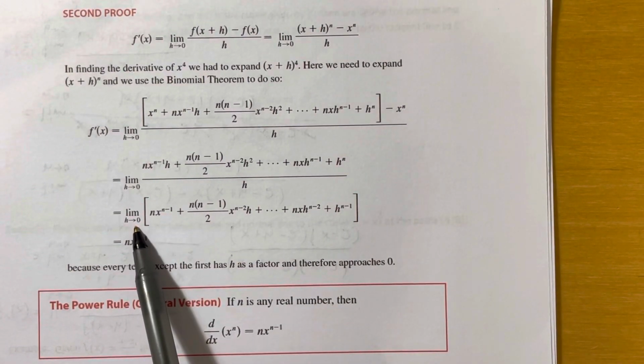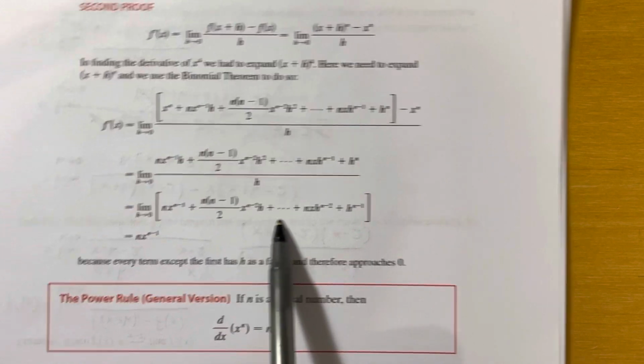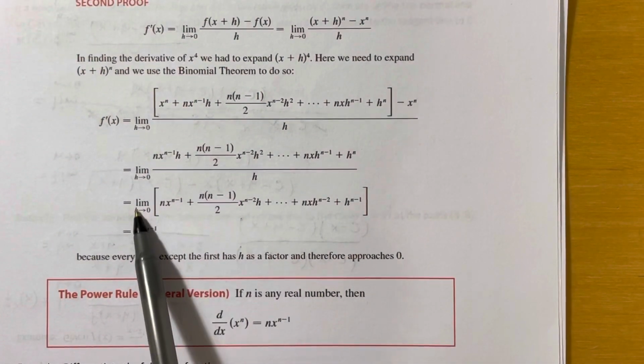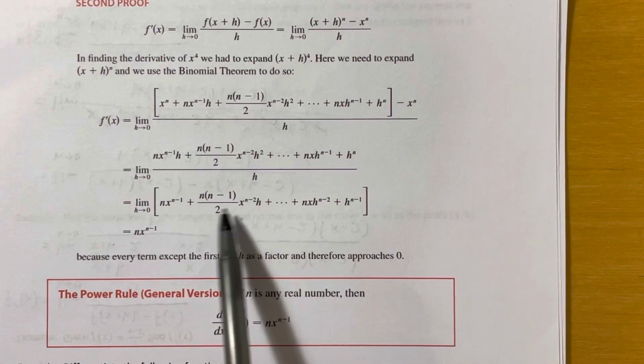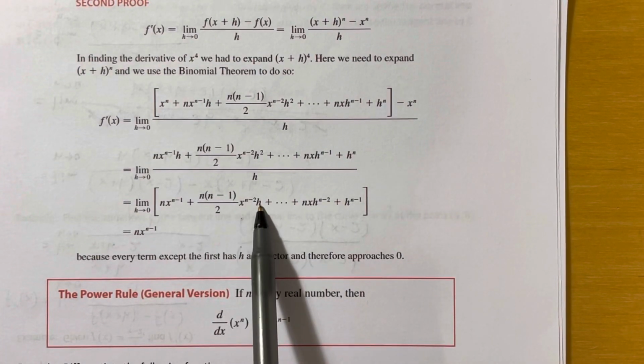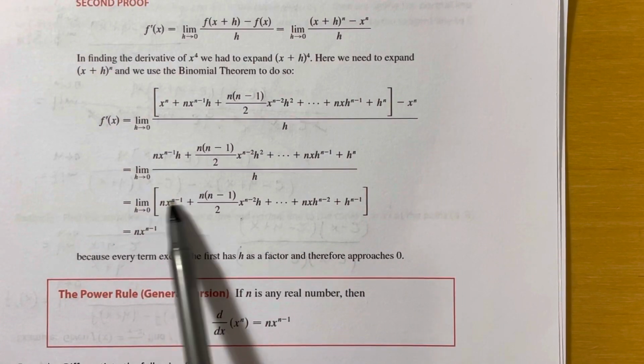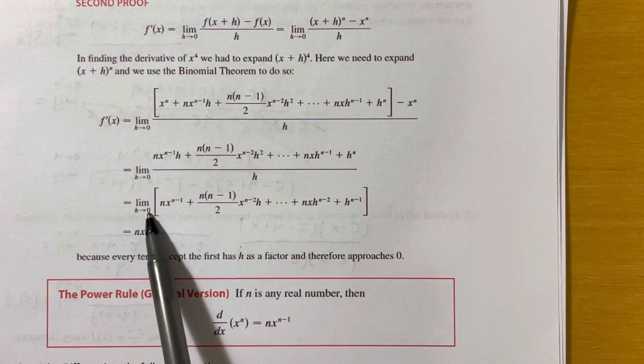Now is where we deal with the limit. So the limit as h approaches 0 is being applied to a sum of functions here, and using my limit law from section 2.3, which says I can bring that limit into each term individually, I can see that every term that has an h in it can be evaluated. The limit can be evaluated by using direct substitution with that 0.